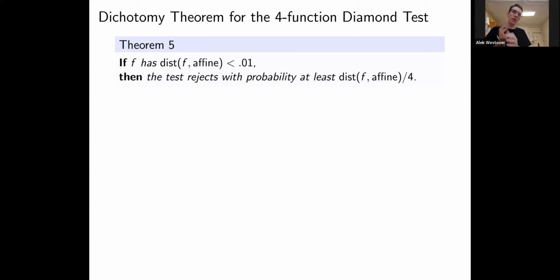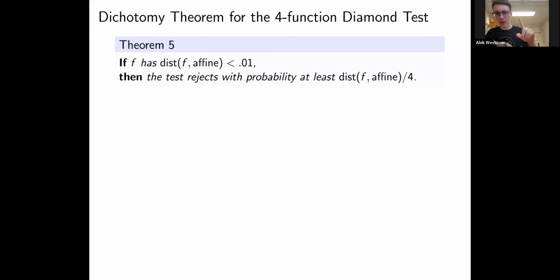And we're going to show that for these functions, specifically, the test will reject them with probability that's proportional to their distance to affinity. So ultimately, we'd like to just say that the rejection probability for any function is proportional to its distance from affinity.